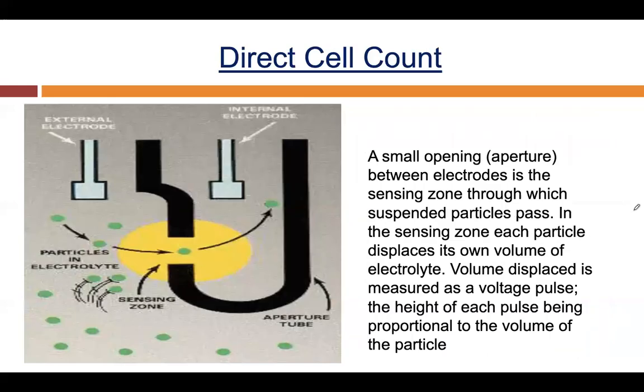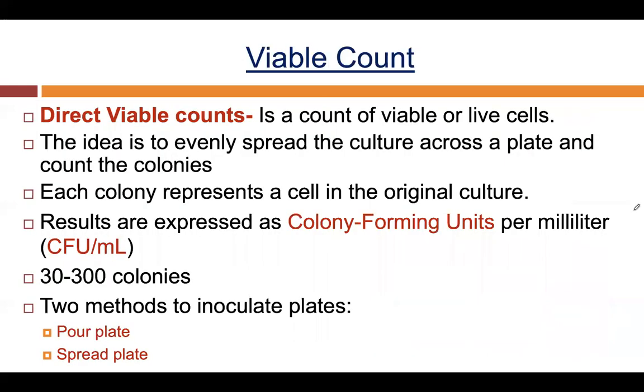Another one is colony forming units, how many colonies are there, which is what we do when we make the streak plate, right? In liquid media you really cannot count the colonies, but in solid media you can see the visible colonies, and you can count.